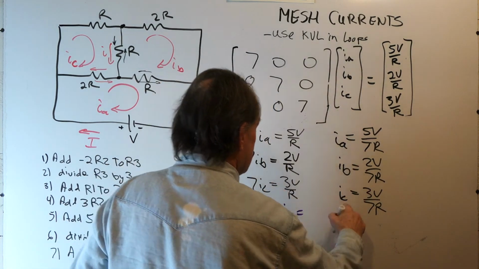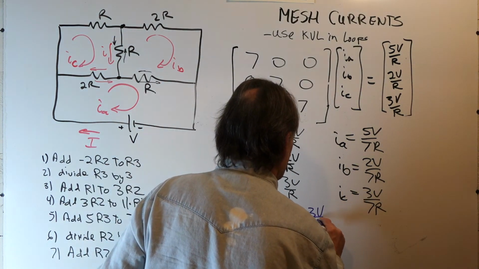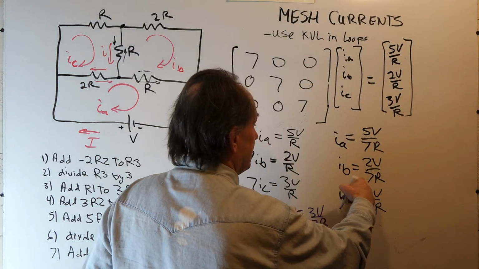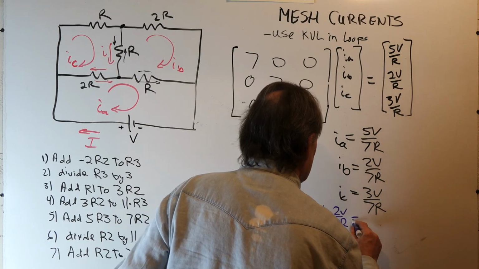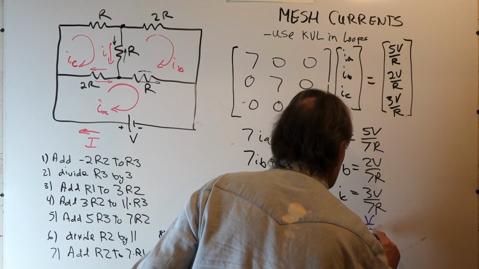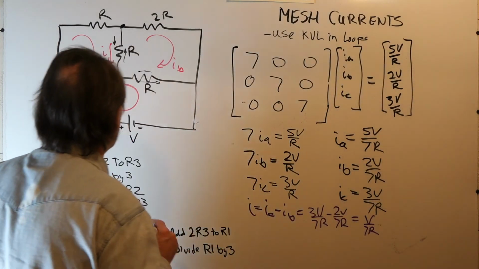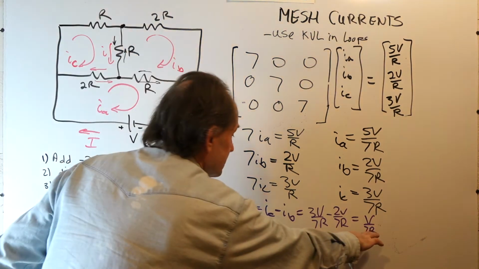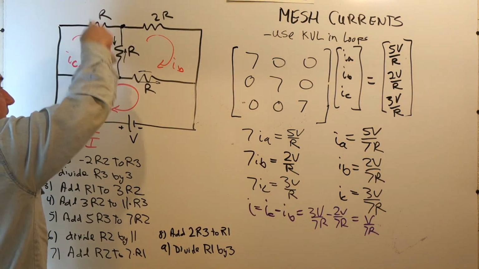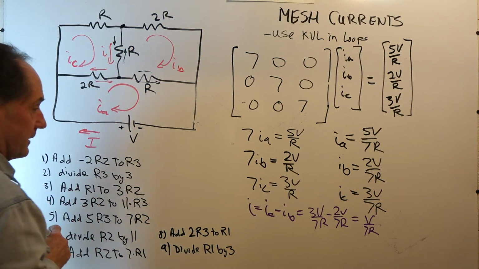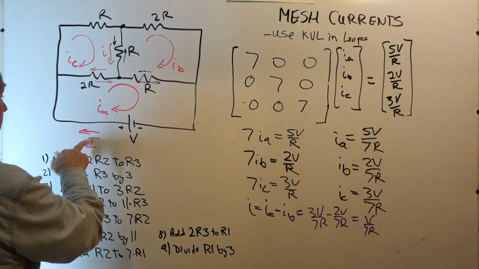Well, IC is 3V over 7R, and IB is 2V over 7R. So this comes out to V over 7R. And that's the value we had before for I, and it's positive, which tells me that it's in the downward direction in the network.